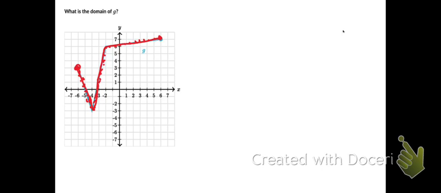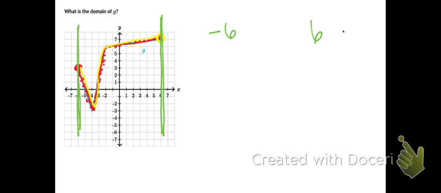We're looking for what are the x-coordinates from here on the far left all the way to here on the far right. So you're basically looking at the graph and saying, how far to the left does it go? What is the furthest left x-coordinate? And that would be -6. And then how far to the right does it go? What is the furthest right x-coordinate?